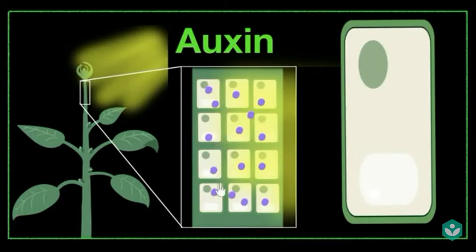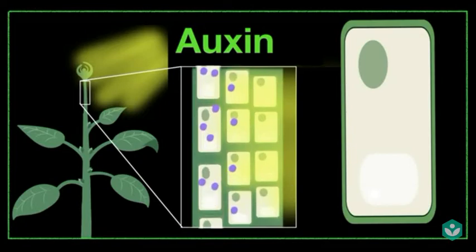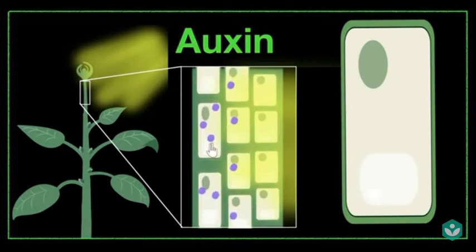This is the shady region and this is the lighter region, the light getting region. When the light falls, the auxins will usually move away from the light. That means auxin concentration increases in the shady region. As a result, this shady side of the cell will elongate more compared to the other side.